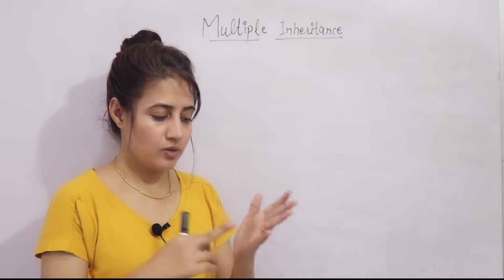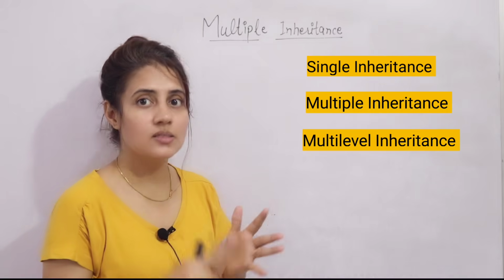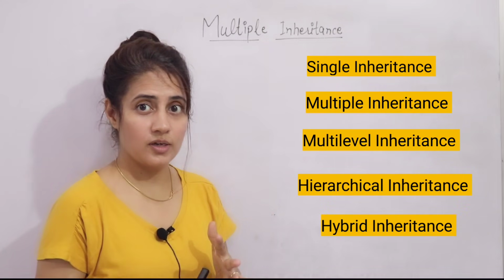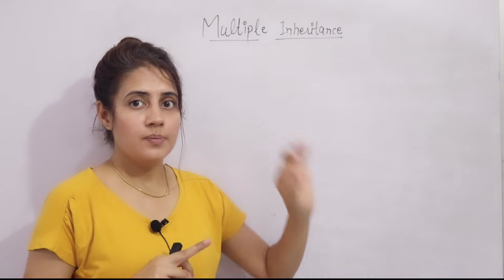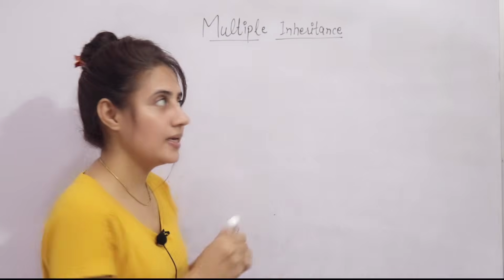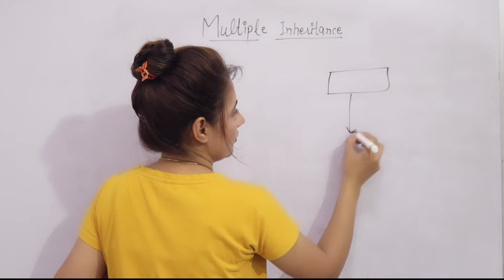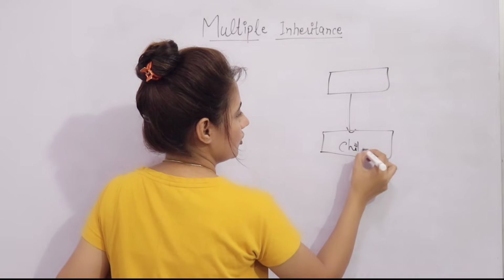So, there are single inheritance, multiple inheritance, multi-level inheritance, hierarchical inheritance and hybrid inheritance. 5 types of inheritance, right? Now, whatever we have seen in the previous video, that was single inheritance. Means one parent class and from there we derive one class which is the child class.